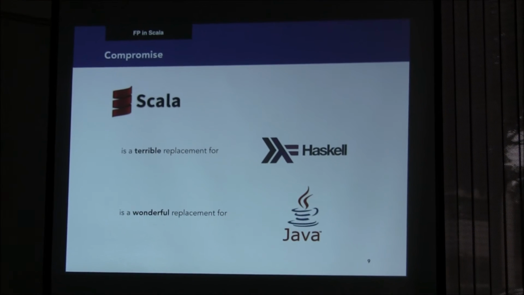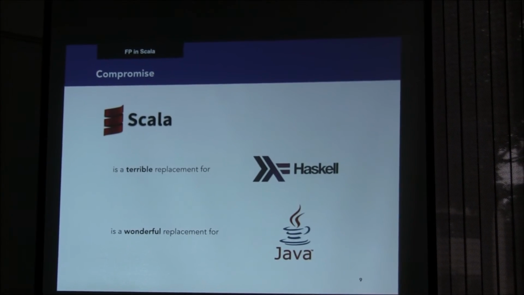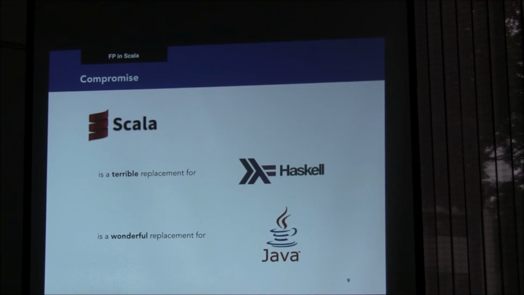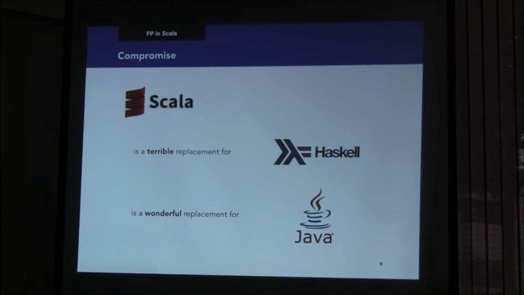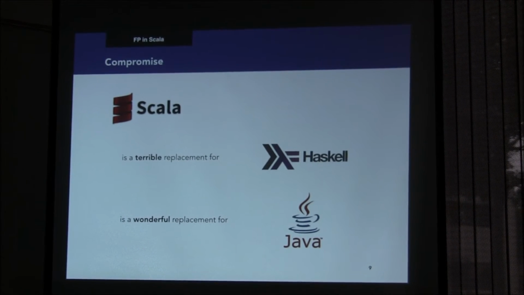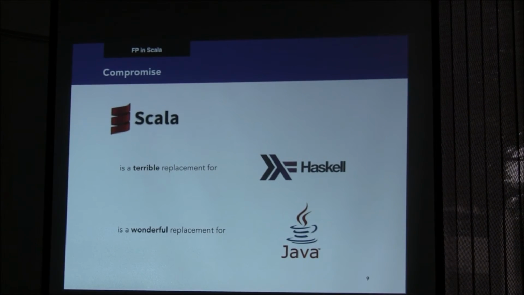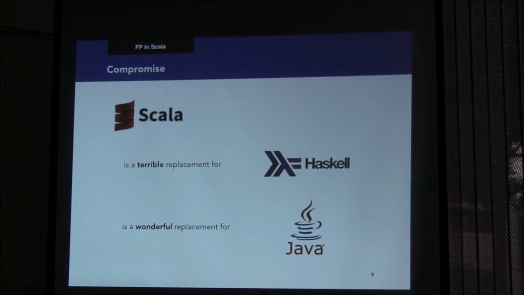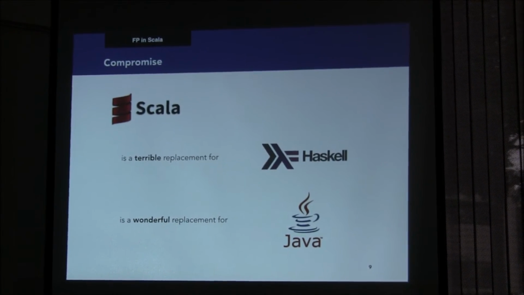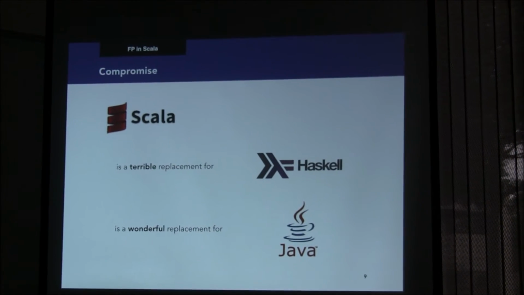Go nuts, have fun. But if what you're looking to do is replace Java, but get more functional, with the compromises and caveats I've outlined, then choose Scala, because Scala is a reasonable approximation of functional programming on the JVM, with seamless zero-cost integration with Java.